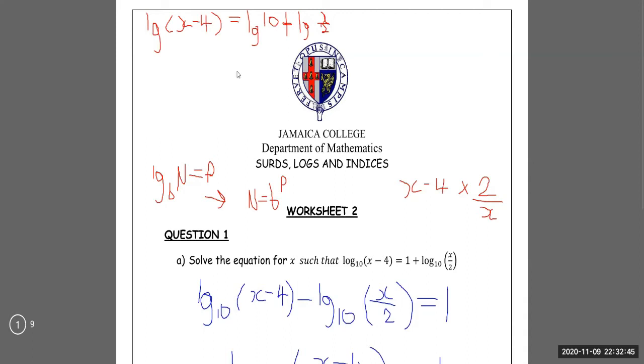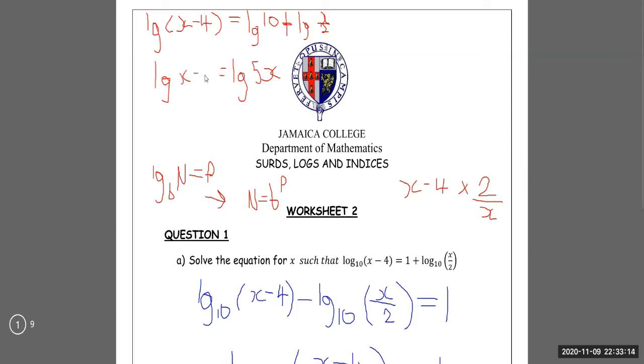When we combine it, it's just the log of 10 times x over 2, which is 10x over 2, and that simplifies to just be 5x, right? Yes, sir. Nice. So now we have the log of 5x is equal to the log of x minus 4.